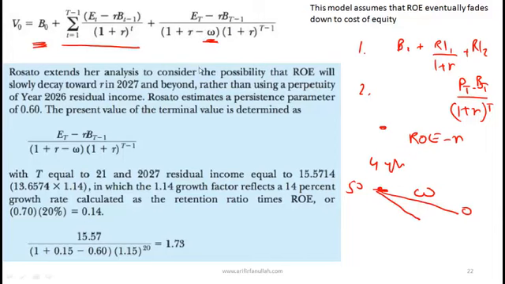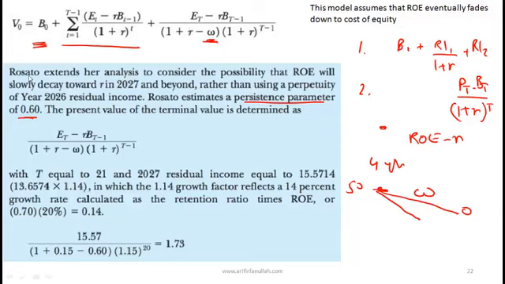Now, what does the W mean? This W is called a persistence parameter, and this will invariably be given to you. Now, if this persistence parameter is equal to 1, what does that mean? I'll just work through this example and then show you exactly how to interpret this.